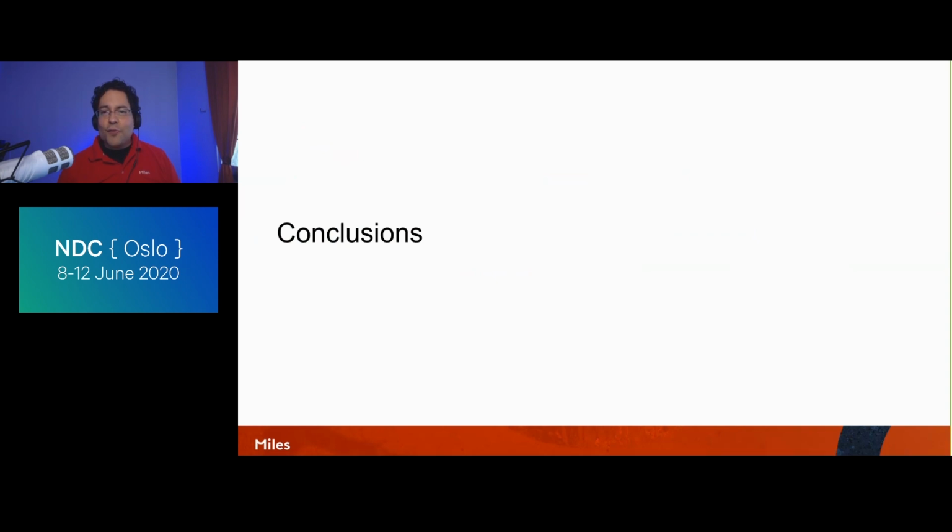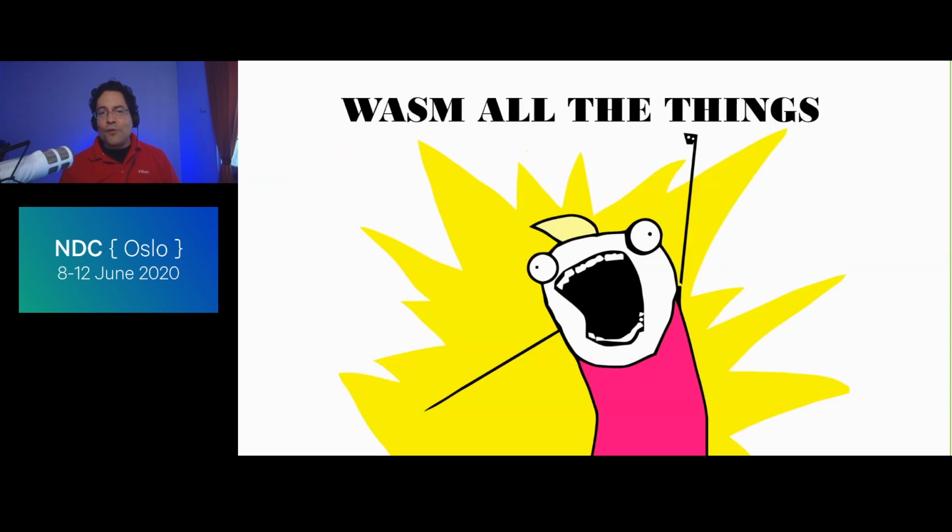So what is the conclusion of all of this? When I first started to hear about WebAssembly, one of the headlines was that JavaScript is dead and long live WebAssembly. So the question is, should we do WASM all the things? Well, I don't necessarily think that.